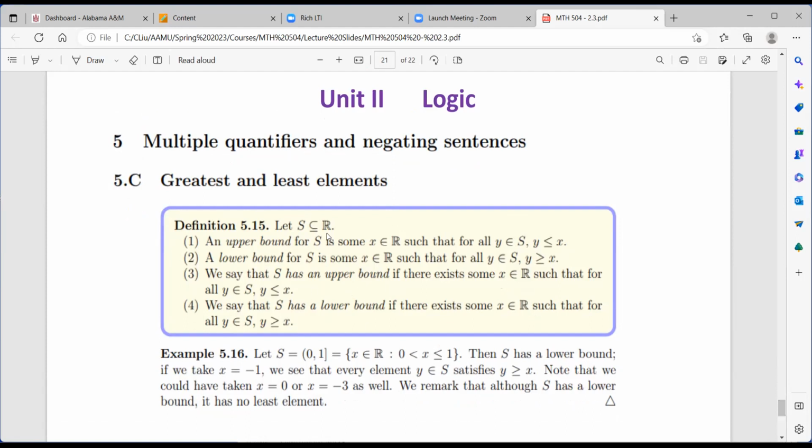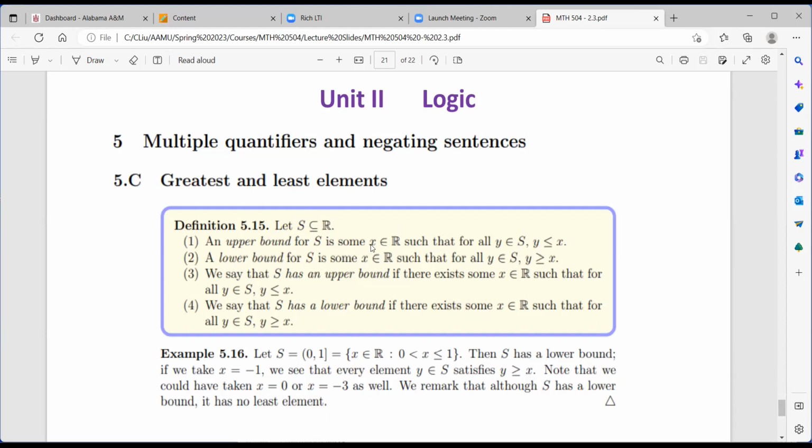Okay. So let's start from a subset S of R. So that's a subset of real numbers. The upper bound for S is some x in R such that for all y in S, y less than or equal to x.